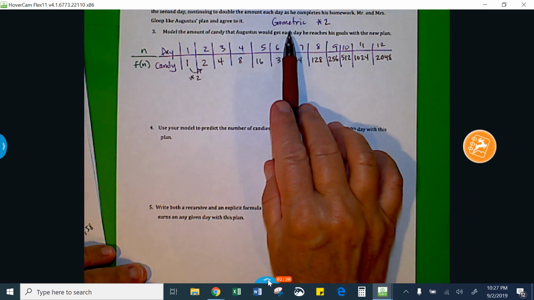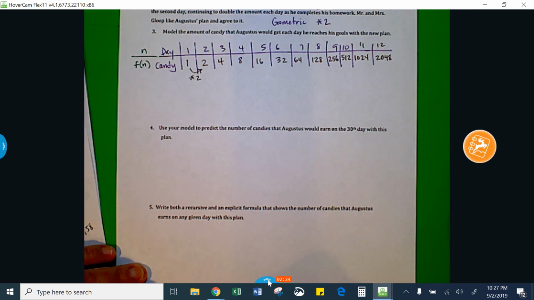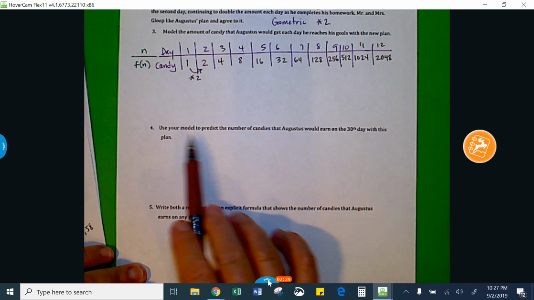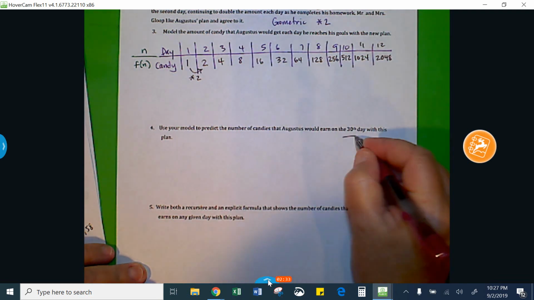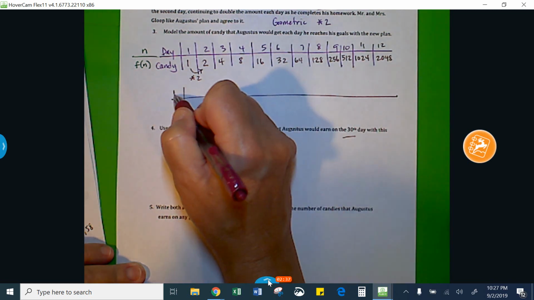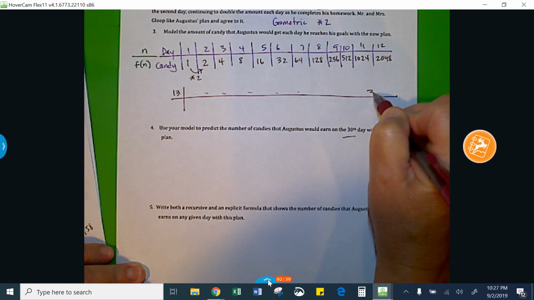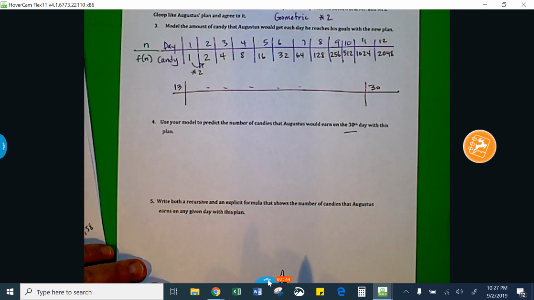Knowing that it's geometric and the common ratio is 2 gives us a good start. We want to use the model to predict the number of candies he would earn on the 30th day. So I would have to keep building my table here, 13, and go all the way up to 30. I'm not inclined to do that. So I think what I'm going to do is model this with formulas next.